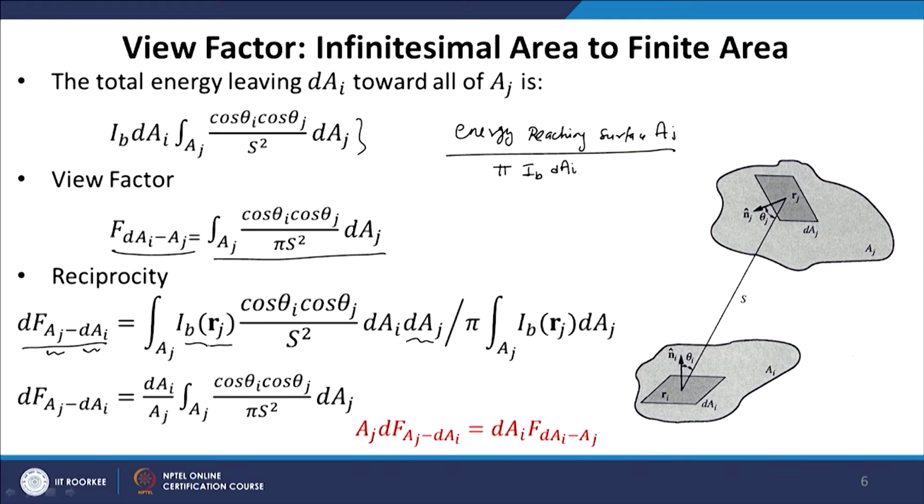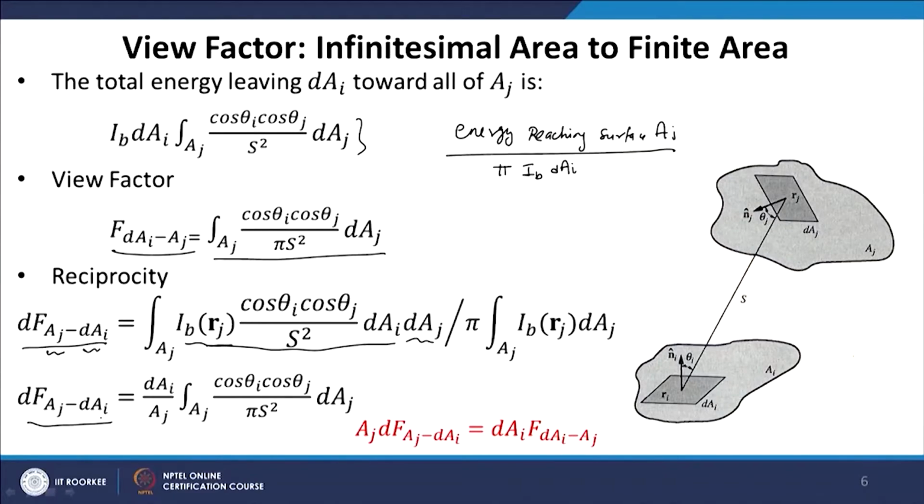The first quantity is basically the amount of energy emitted from the total surface j reaching the small surface element dAi, and then we just integrate over the entire surface, divided by the total energy pi Ib dAi. In the view factor dF Aj to dAi, the dAi is constant over Aj, it is not changing, so we can take it out, and this quantity becomes pi times Ib, with Aj in the denominator.